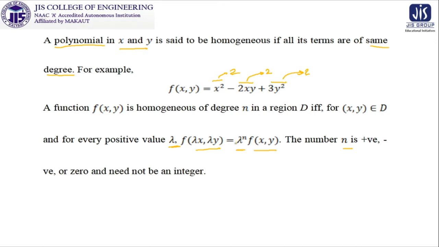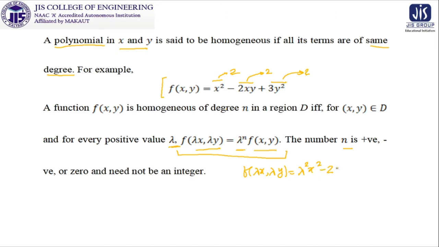Now I want to say that if you want to check this example for verification purposes by this particular property which is mentioned for homogeneous, what you see, f of lambda x, lambda y is equal to, in place of x it will be lambda x, so it will be lambda square x square, minus 2.